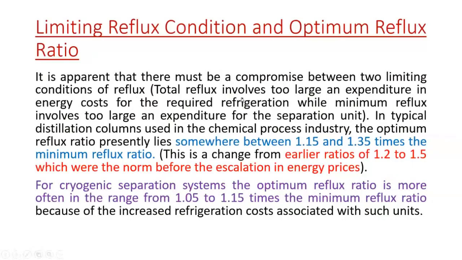Total reflux involves too large an expenditure in energy cost for the required refrigeration, while minimum reflux involves too large an expenditure for the separation unit. In typical distillation columns used in chemical process industries, the optimum reflux ratio presently lies somewhere between 1.15 and 1.35 times the minimum reflux ratio.